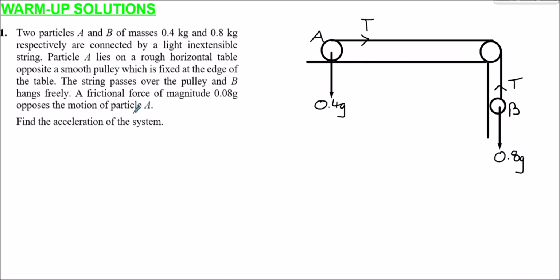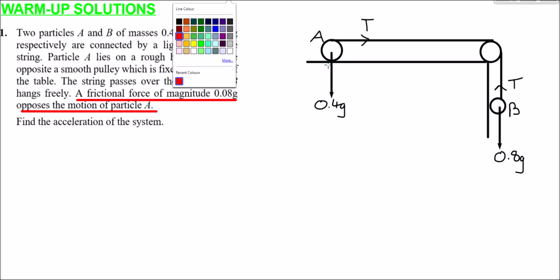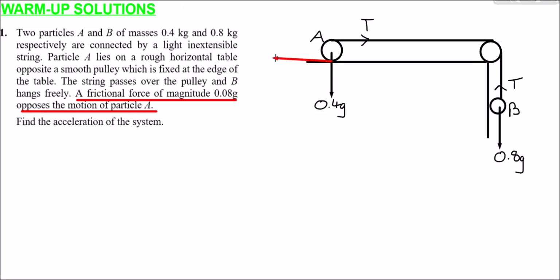We're also told there's a frictional force of magnitude 0.08g, which opposes the motion of A. So I'm going to add this in as well. So there we go. So we're asked to find the acceleration of the system. Oops, that's not a very straight arrow, so there we go.